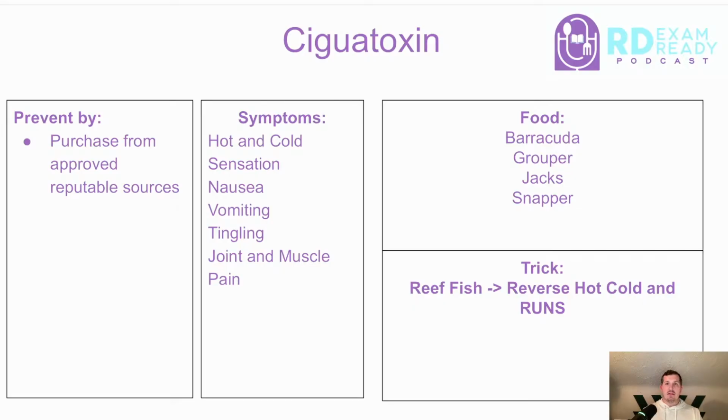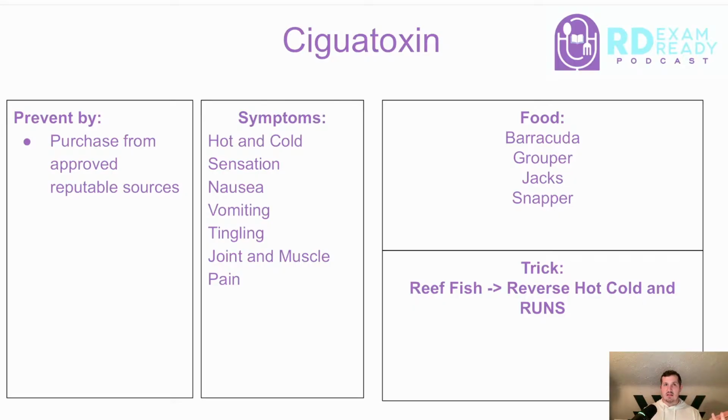Then the big fishies, the ones that are predatory, we call them, eat the small fish. So when the predatory fish eat the small fish, they end up taking in excessive amounts of that toxin. So those predatory fish you're going to think of as a barracuda, grouper, jacks, red snapper or snapper. Picture Finding Nemo, the barracuda in the first scene, you picture it's a predatory fish, right?